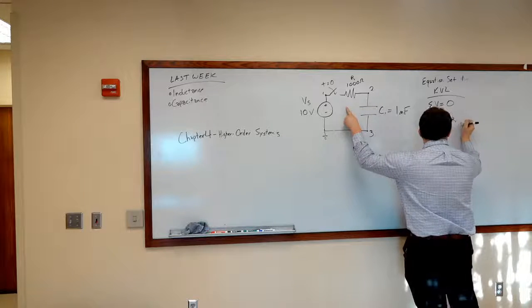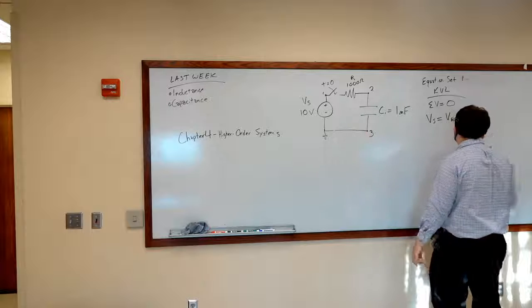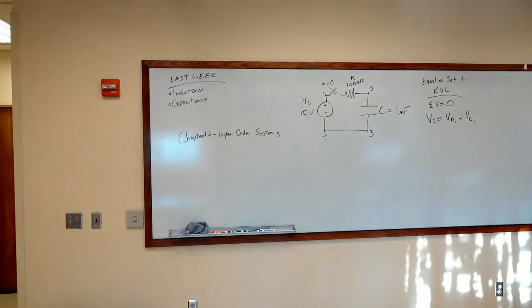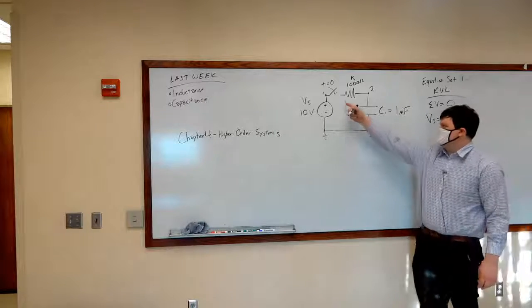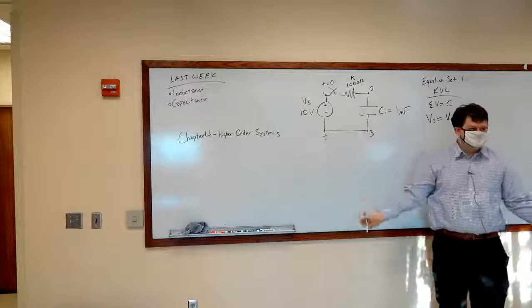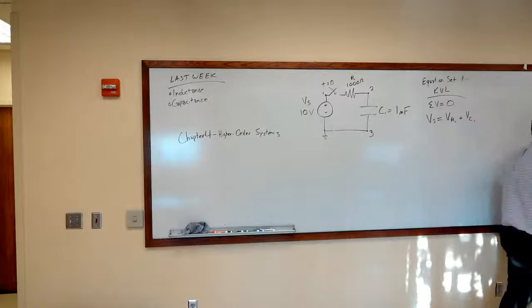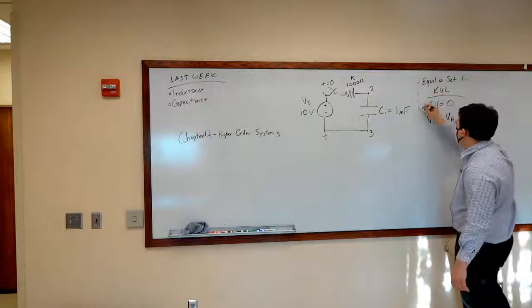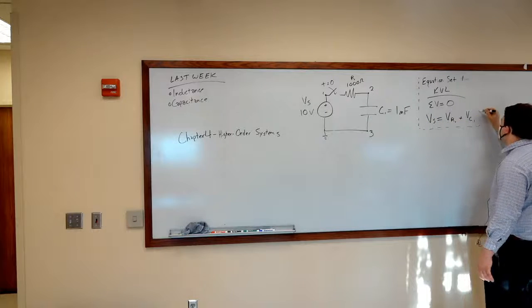So, VS equals VR1 plus VC1. That is our equation set number 1. Which makes sense. The amount of voltage in the source is equal to the amount of voltages in the rest of the system. Okay, so I'm just going to go ahead and box it. That's equation set 1. We did KVL.